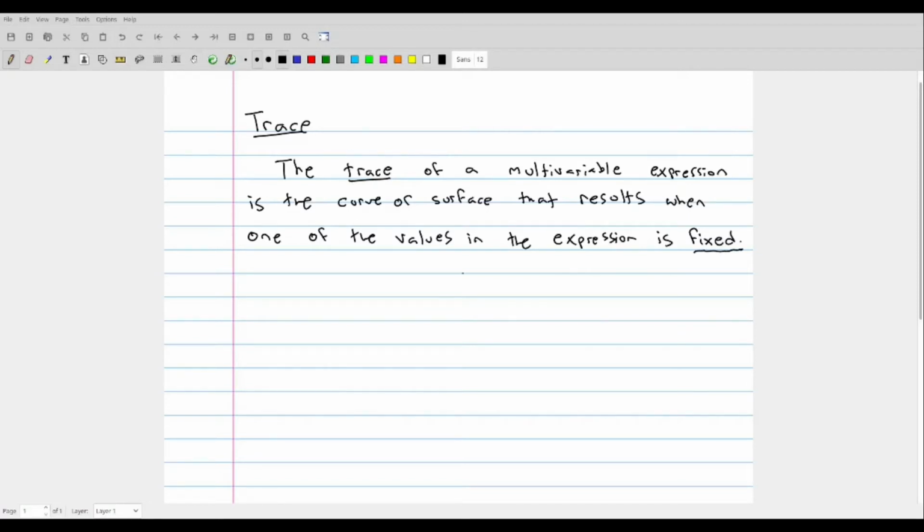So it's sort of like a cut or a snapshot of the expression with one of the values in the expression fixed at some number, some specific fixed value.